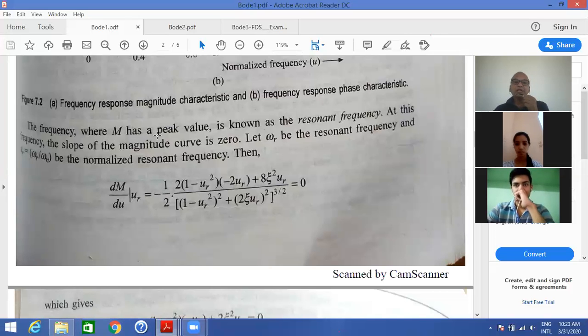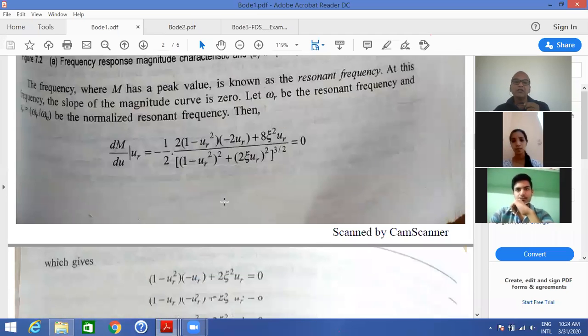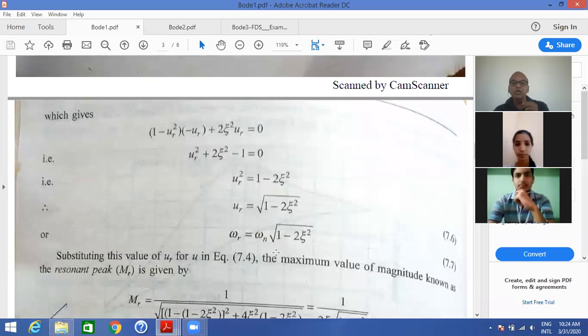The frequency where M has a peak value and the slope of the magnitude curve is 0: let ω be equal to ωr, then u is equal to ur. That is, dM by du at u equal to ur is equal to 0. And if you simplify this equation, we will get ur and then ωr. These are the time response specifications of the system.